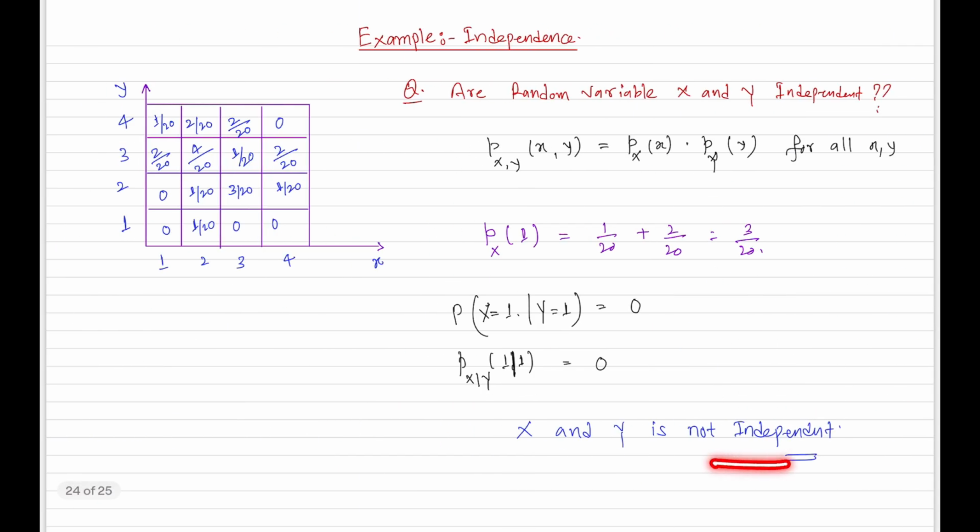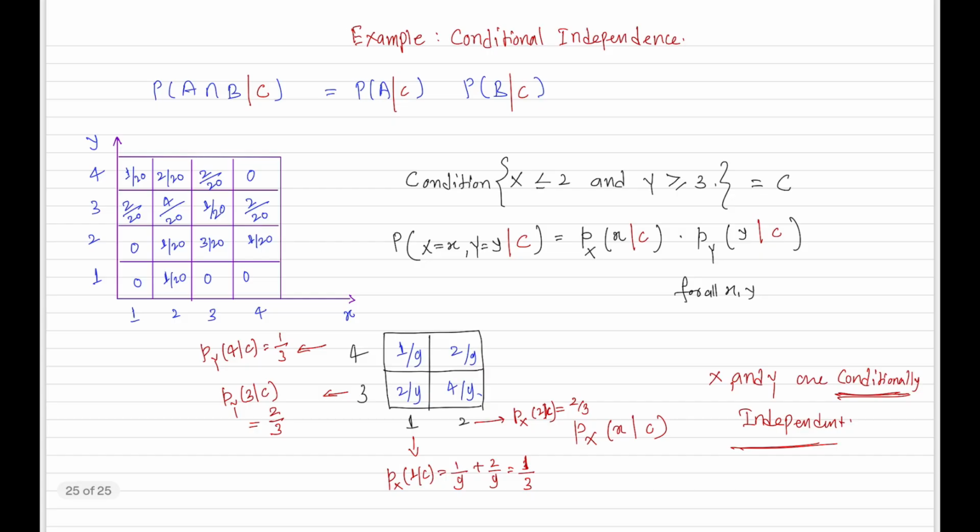Here we have seen that they were not independent originally, and under this given condition these random variables are independent. Also, we have revised our concept of conditional independence. If you are not comfortable with conditional independence, I would recommend watching my lecture where I talked about conditional independence in terms of events. The same idea we have extended for random variables here.